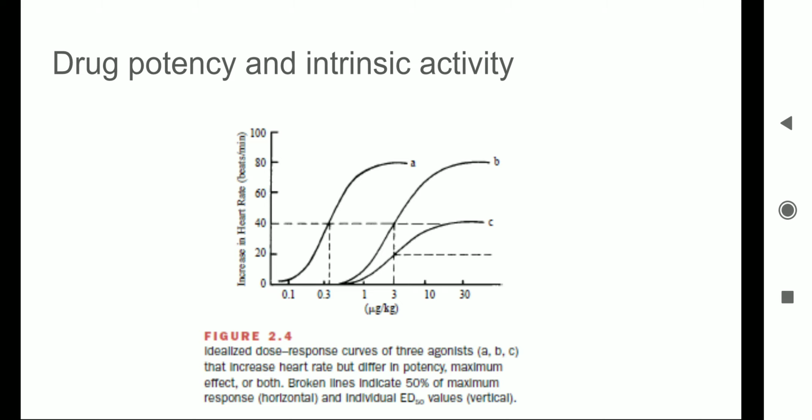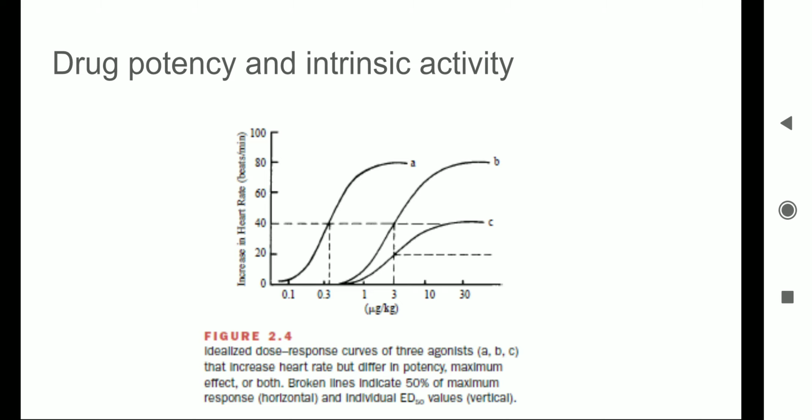So for drug A, you can see here the dose of drug A is quite less. It's around 0.1 micrograms per kg as compared to drug B, which is more than 0.3 micrograms per kg.